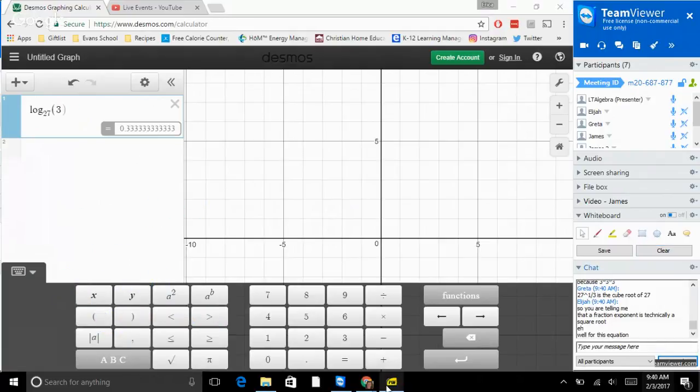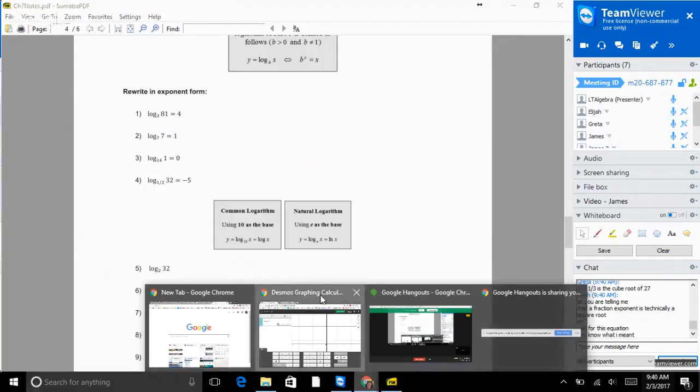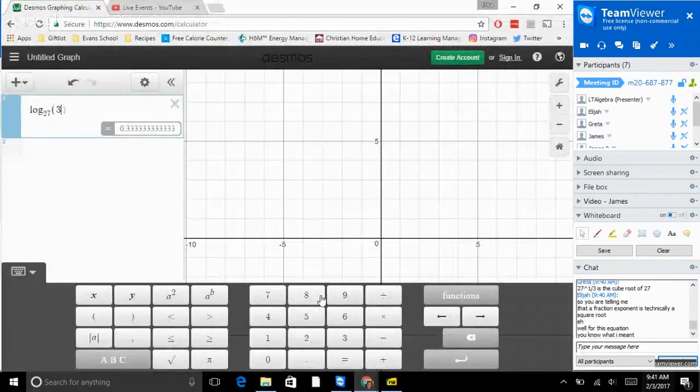All right, so let's try our next example here. Log 12, we did that one. Natural log of 0.75. You're going to see this in two chapters, so don't forget what ln means. Natural log, spelled backwards, right?